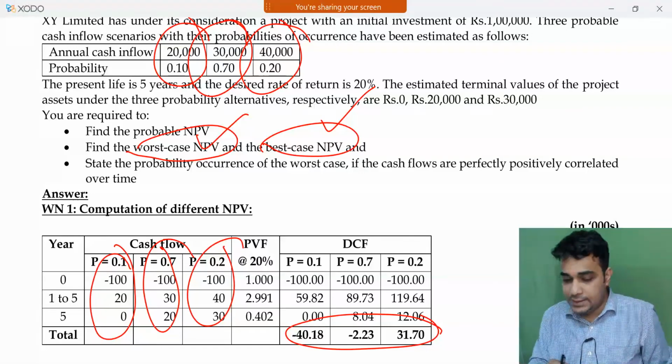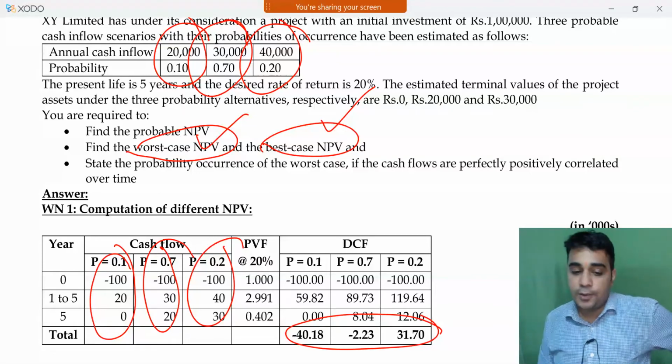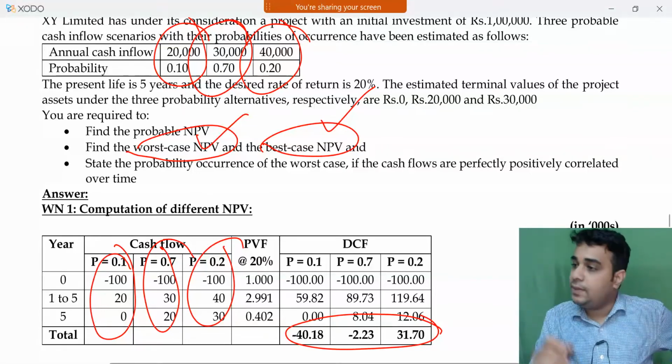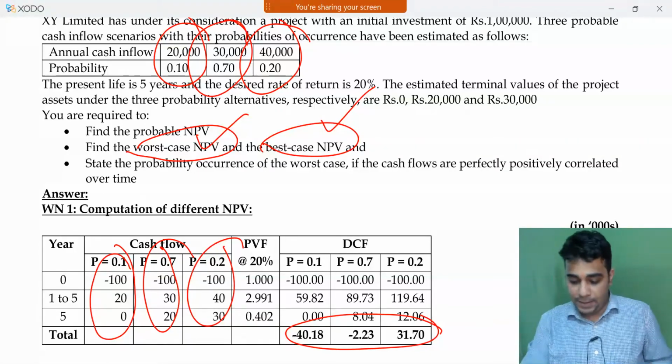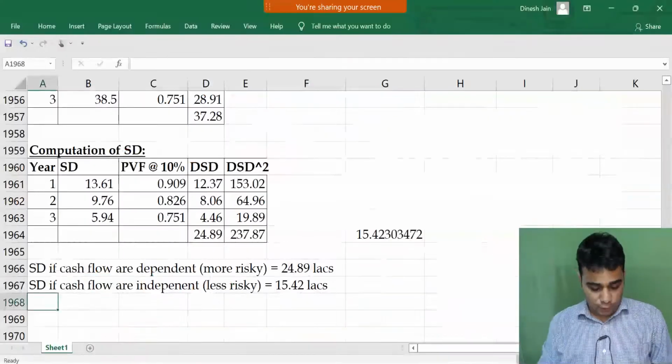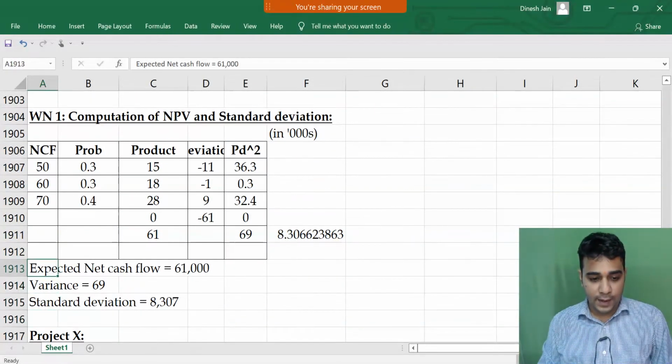Once you get this, you go back to question 1. What did question 1 do? Question 1 had given the different NPVs and also the different probabilities. This is what you have done in question 1.